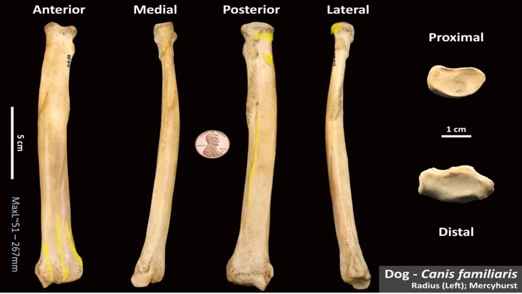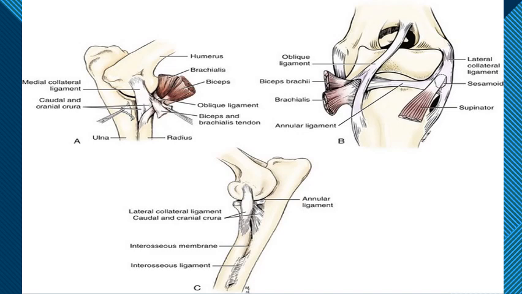Now let's talk about the muscular attachments of radius. I had discussed the bulbous eminence which is present craniolaterally. Here the bulbous eminence is present. It has no muscular attachments, but only the supinator muscle passes over it.